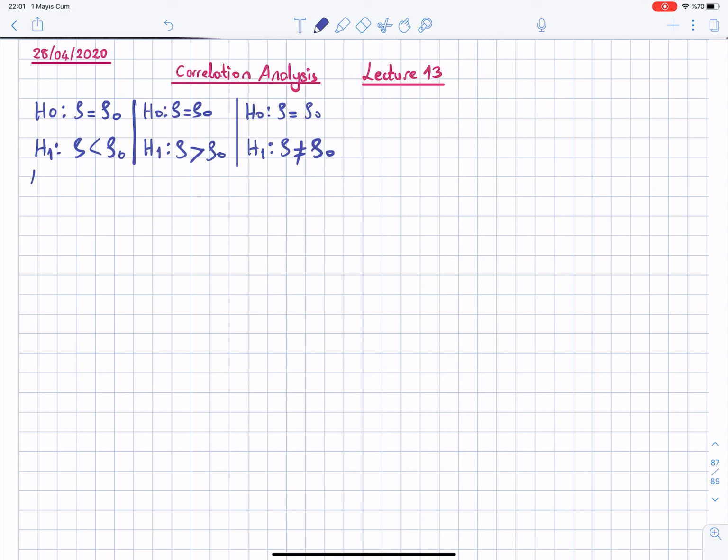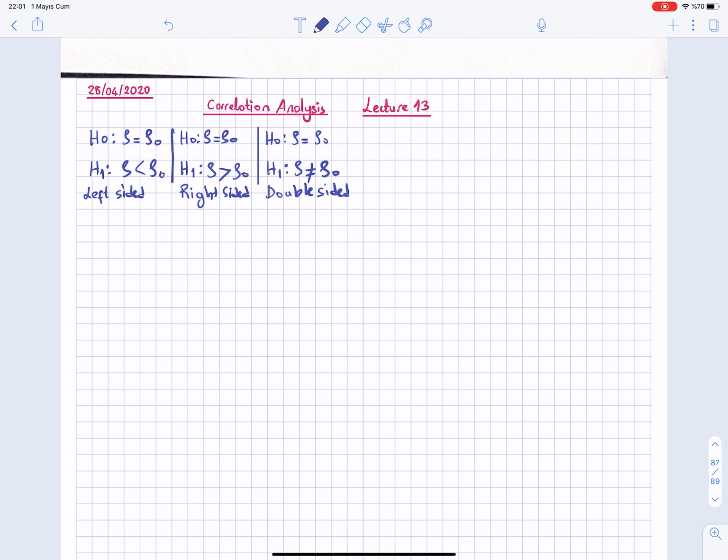I call this left-sided, that one right-sided, and that one double-sided.